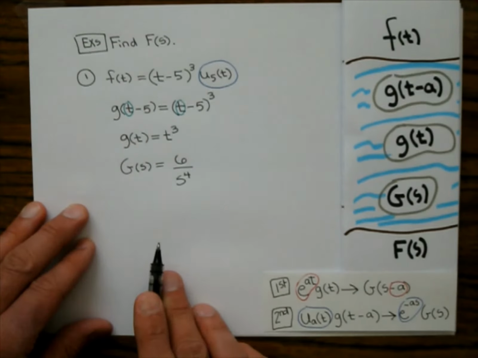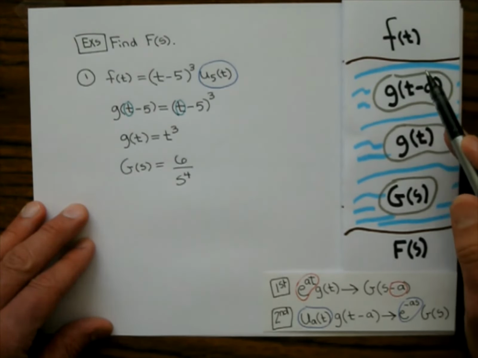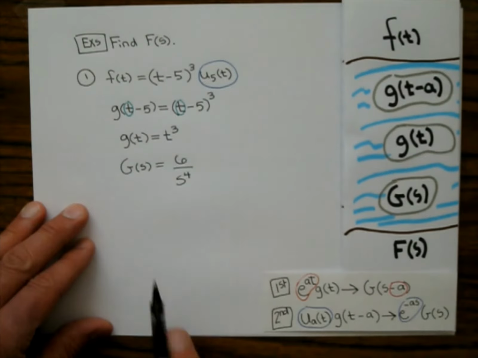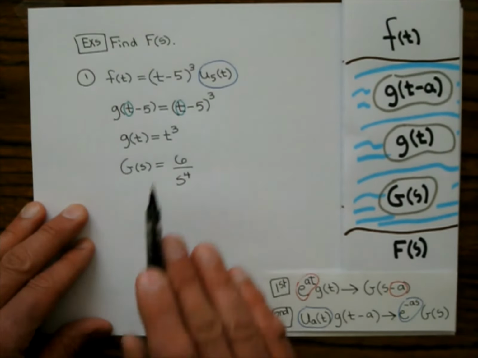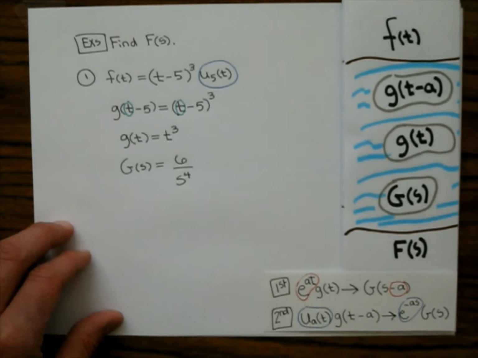Okay, now I'm on this stone and I'm ready to jump to the shore. Jumping from the shore to the first rock and from the last rock to the shore is pretty simple, because all I'm going to do is take this thing and multiply it by e to the negative as. And in our example, a is 5. So we're going to say e to the negative 5s.